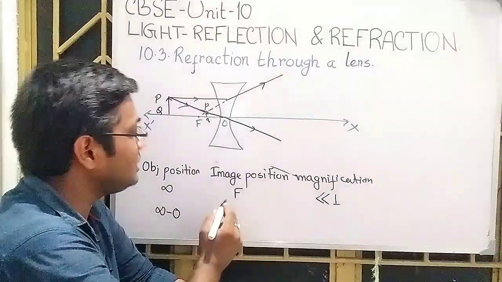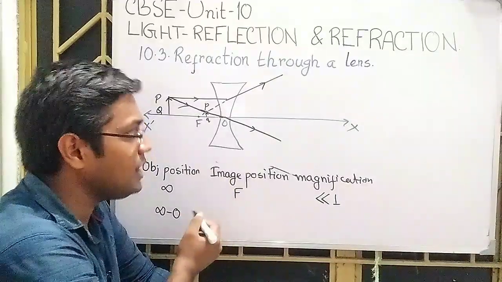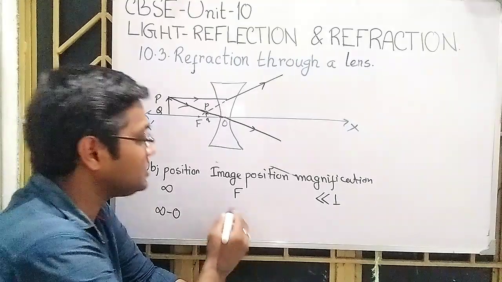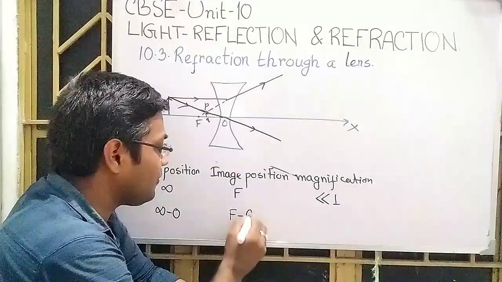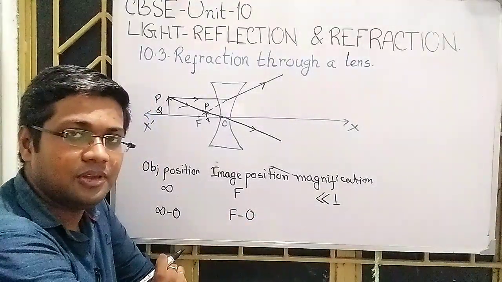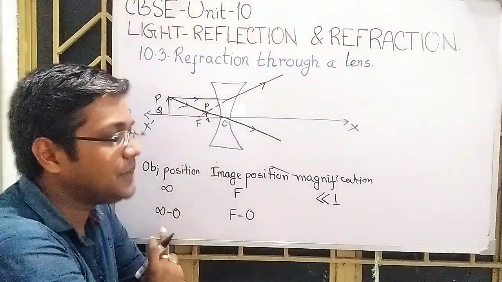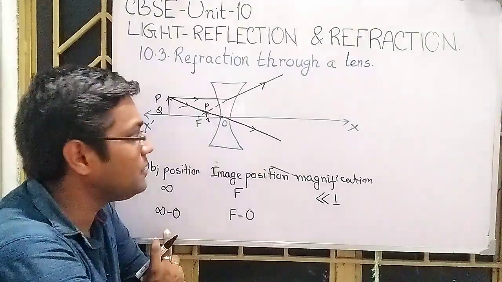So we get the image here. This is again virtual. We obtain the image in between F and O, between the focus and the optical center of the concave lens.